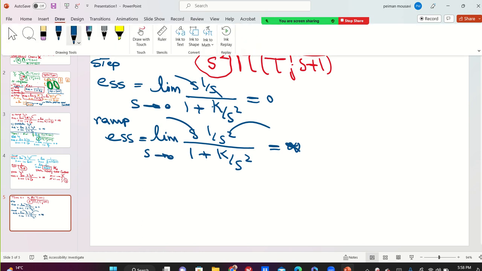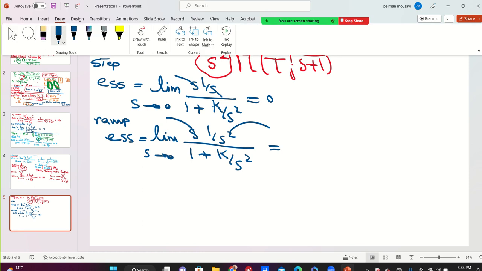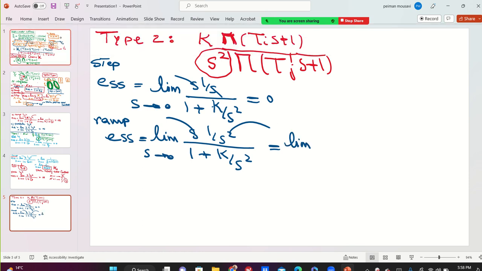To clarify and make sure I'm doing it right, because I'm deriving with you, this is the limit of 1 over s, times s, plus k over s, as s goes to 0. So I'm sorry guys, this is going to be 0, not infinity. That's the double integrator.